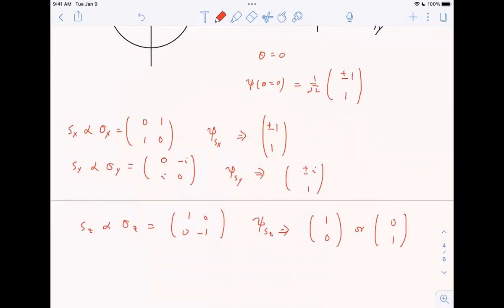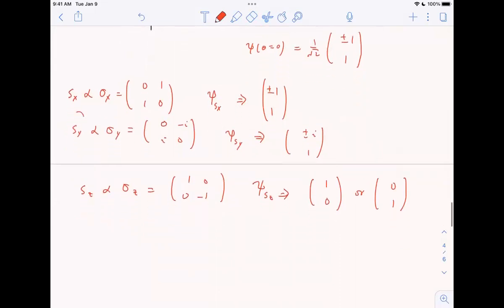If you apply a magnetic field in the y direction, then the eigenstate will be this one. If you apply a magnetic field in the z direction, then the eigenstates will be these two. We usually deal with these two, but the other two are also eigenstates of the spin.